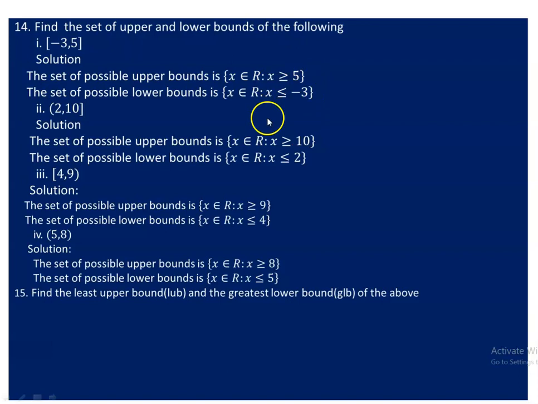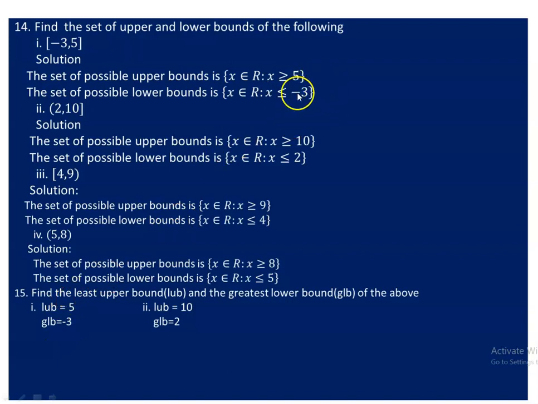In the case of the first one, all possible upper bounds are written here. Any value greater than or equal to 5 can be an upper bound. It could be 5, 6, 10, 1,000, million, like that. From these mentioned numbers, the smallest value is 5. So the least upper bound is considered to be number 5.